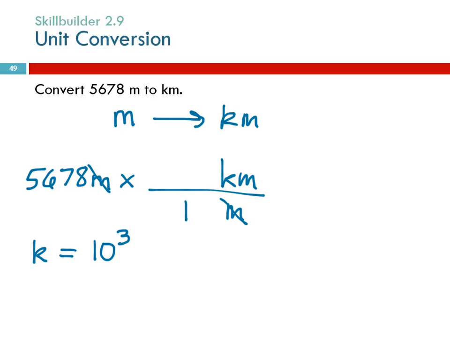So I'm going to put 10 to the 3 in the denominator, because kilo is short for 10 to the third. And so 1 kilometer is equal to 10 to the third meters. And if you need a number up there, write a 1. It's 1 kilometer is 1,000 or 10 to the third meters. Any questions?